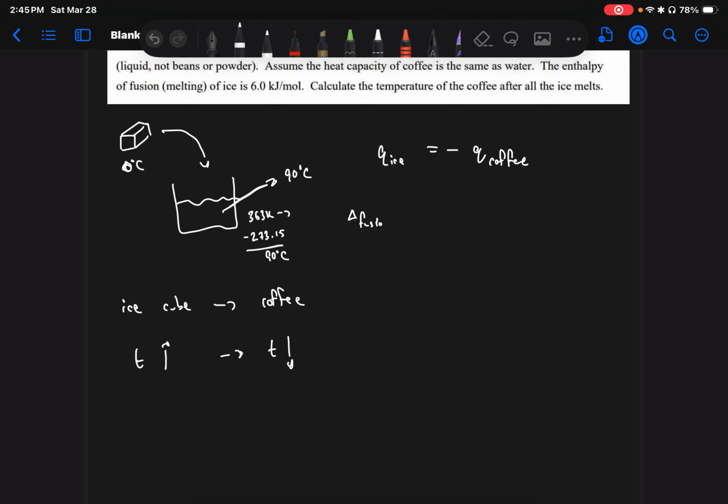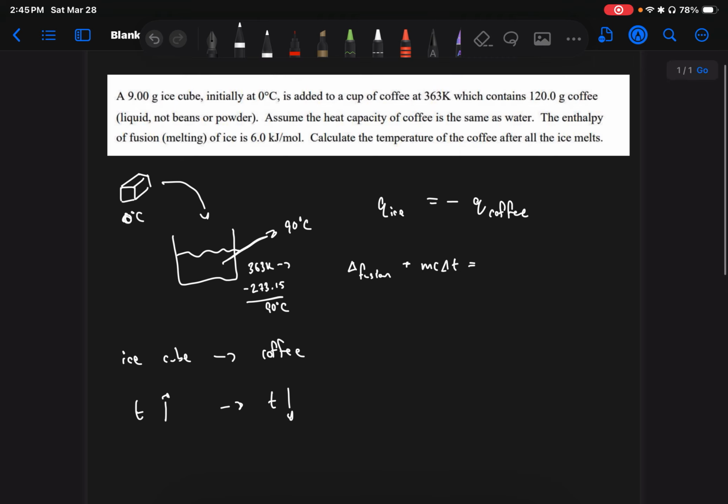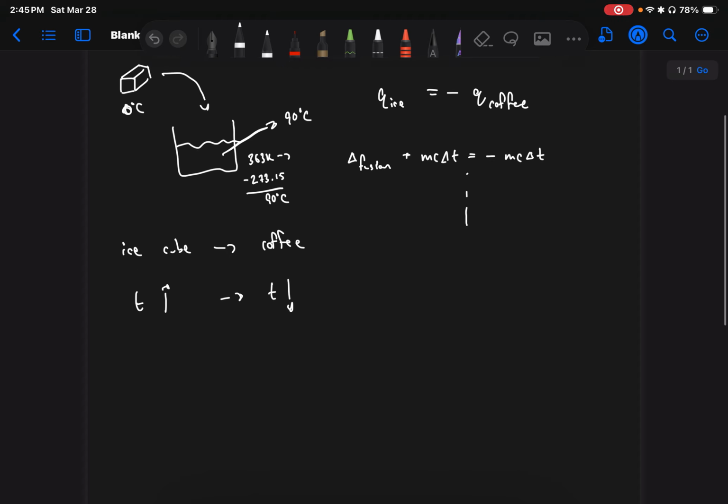That's why they gave the fusion, plus whatever extra it changes by, and this is where we're going to get our TF. And negative Q coffee is just going to be equal to mc change in T, and this is also where we get our change in temperature. That's pretty simple so far. So we'll split this into two and do the first part here.